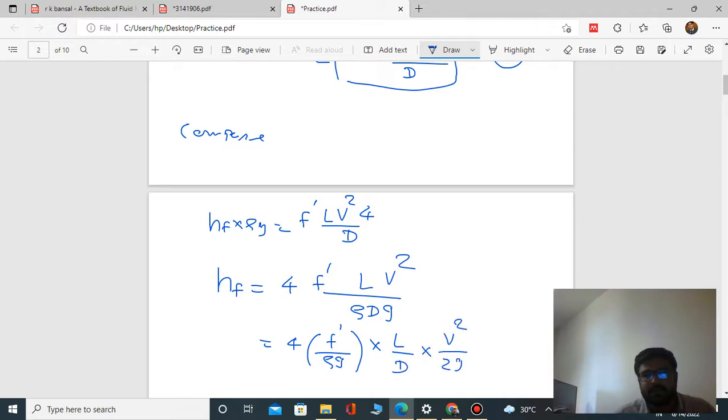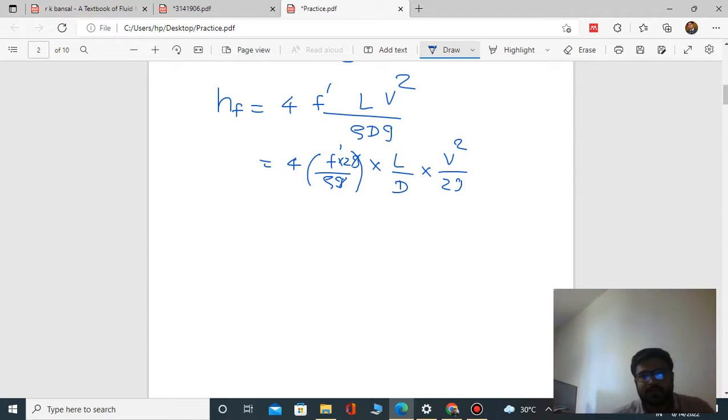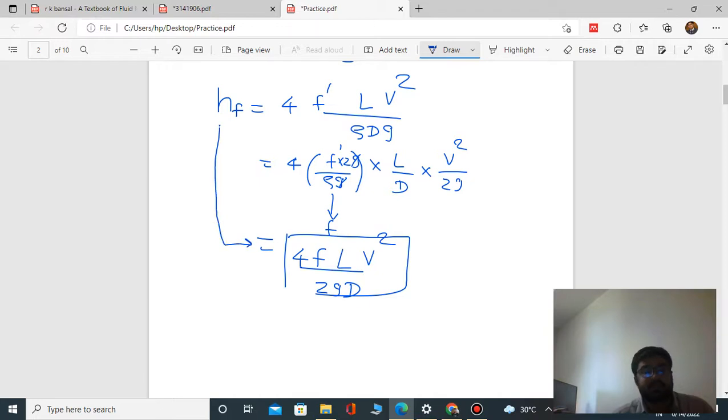Since we are dividing by 2g, we will multiply with 2g, so g gets cancelled. Let us take this whole term as f. So what will be the equation? HF equals 4f L V square by 2gd. This is the equation for HF according to Darcy's equation.